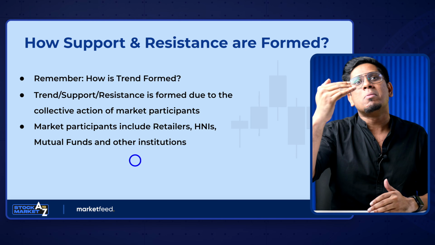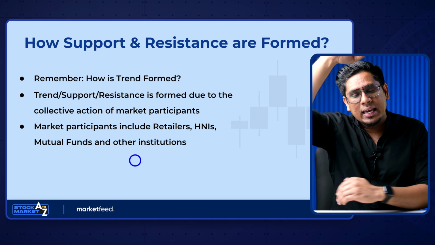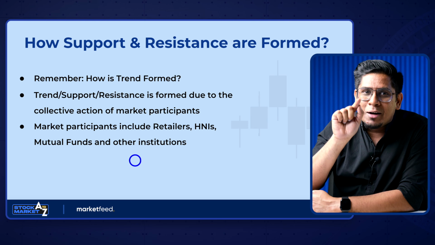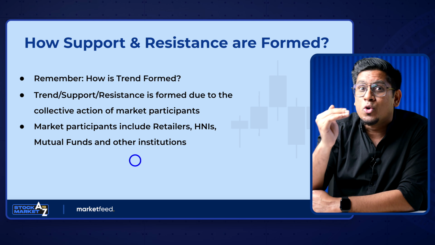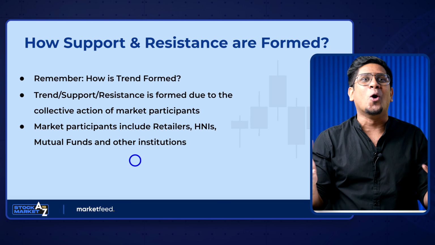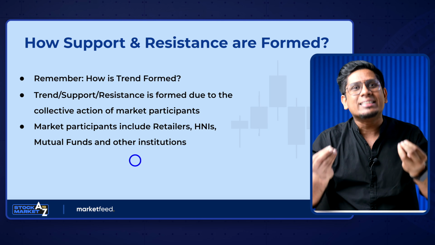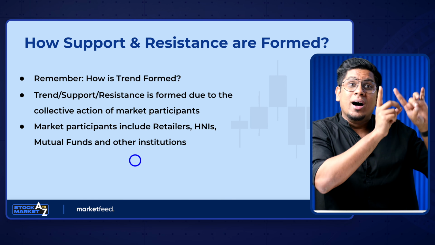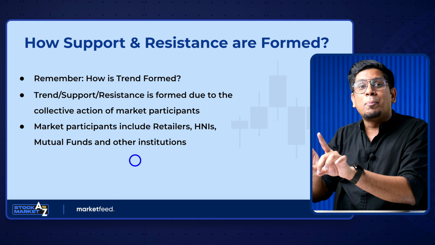And say from 100 the stock went up to 120, then it started coming down, came down till 100 again. When it comes down to 100 again, because there is this theory of support and resistance out there in the open, people know that earlier resistance should act as a support here.